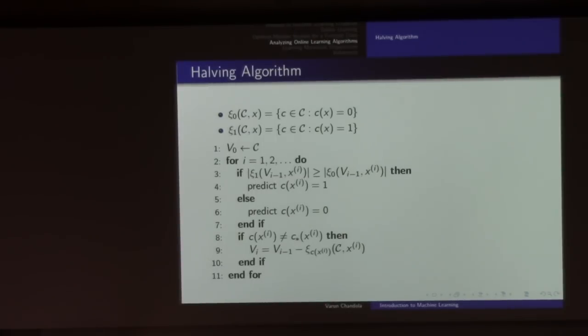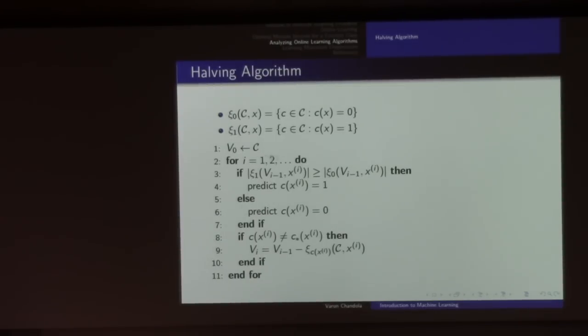One are those hypotheses that call X positive and one that call X negative. So there will be two at any given point. Then it sees which one is bigger, and it uses that as the prediction. Then when it has made that prediction, it gets the true label. So let's go through this here.